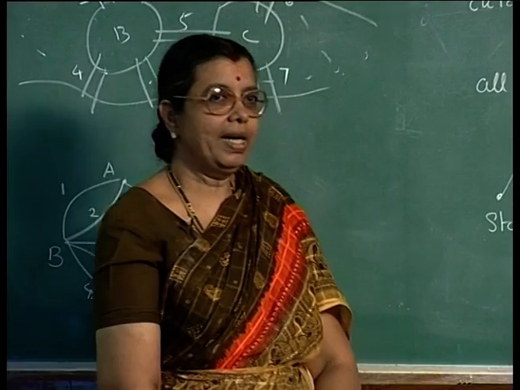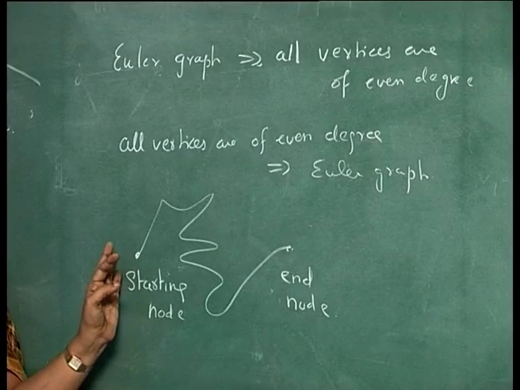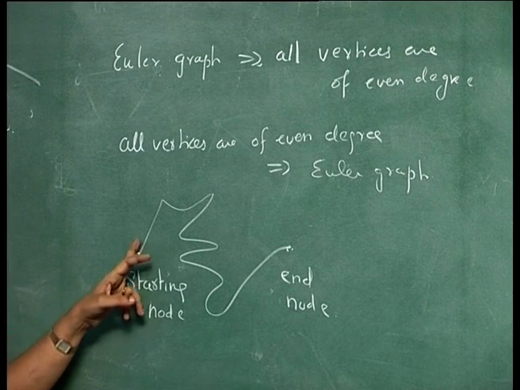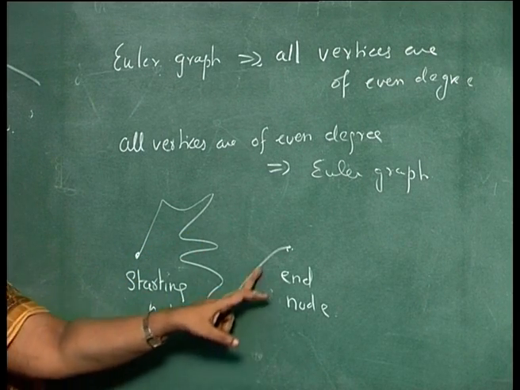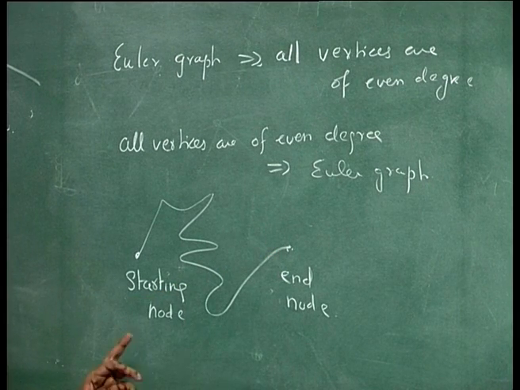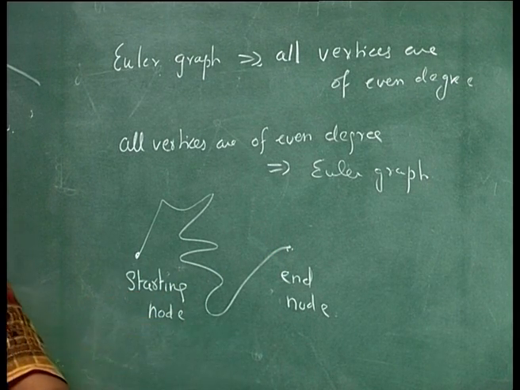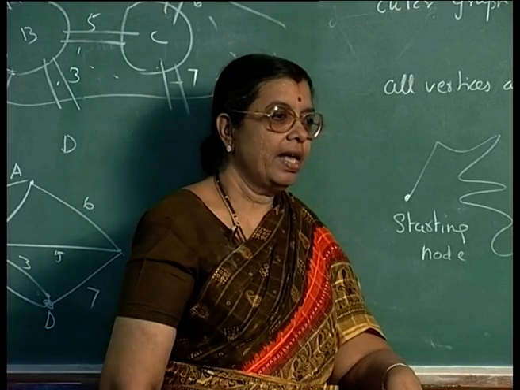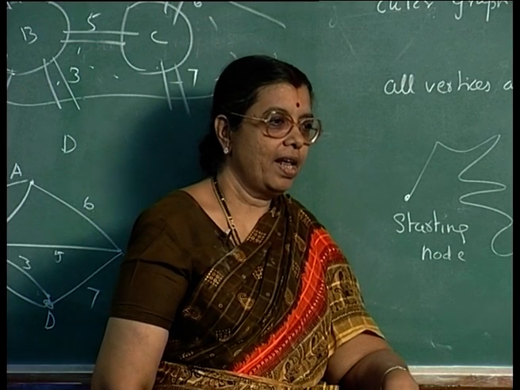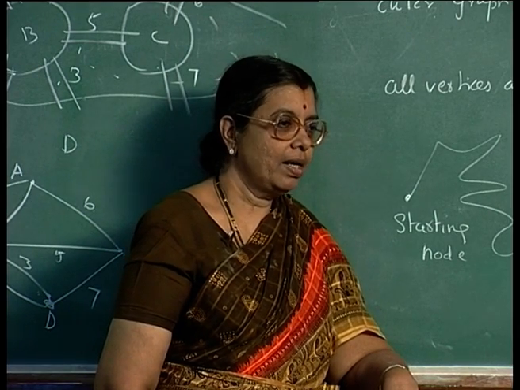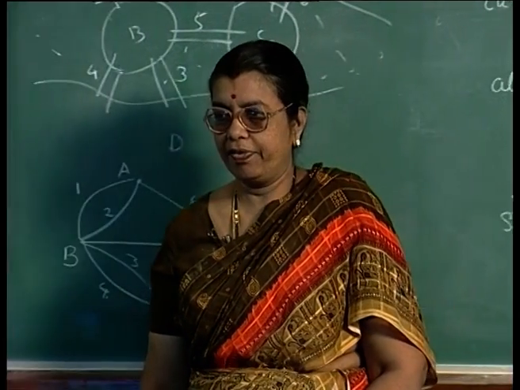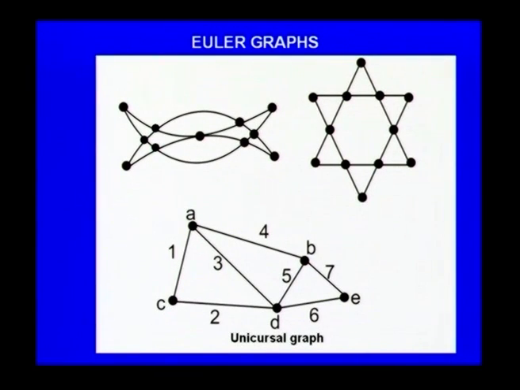If you relax it a little bit and say that the starting and the end node need not be the same, there should be a walk covering all the edges of the graph, but it need not start and end at the same points. In this case also you have an Euler line, but it is an open walk, it is not closed, and the graph is called a unicursal graph. This is an example of a unicursal graph.